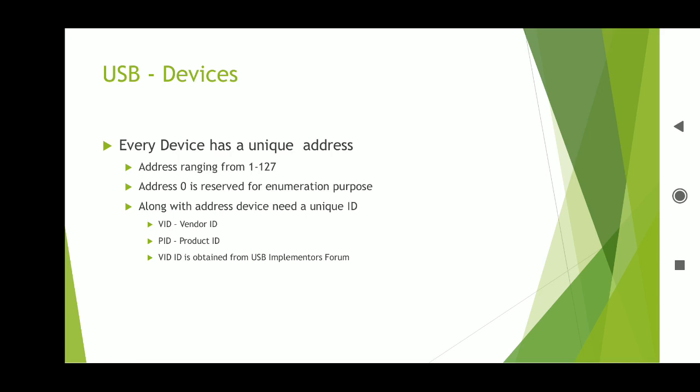But address 0 is reserved for enumeration purposes, so the device can use only 1 to 127, a total of 127 addresses. Along with these addresses, the device also needs a vendor ID and a product ID for communication. The vendor ID is obtained from the USB Implementers Forum, and the product ID is given by the manufacturer.